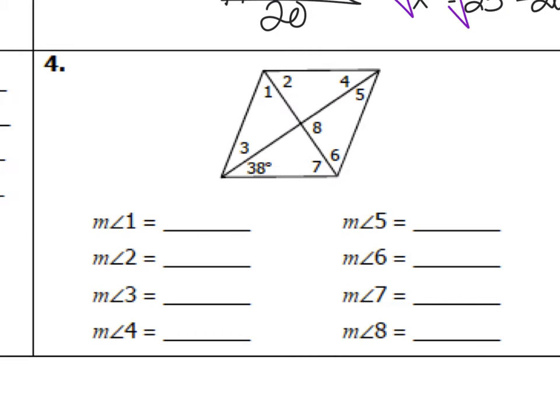Alright, so ladies and gentlemen, now we're just dealing with angles. First thing I see off the top of my head is that angle 8 is 90 degrees, because all of them are 90 degrees. One of the cool things I know about rhombuses is that the angles have been bisected, which means I know that angle 3 is also going to be 38 degrees.